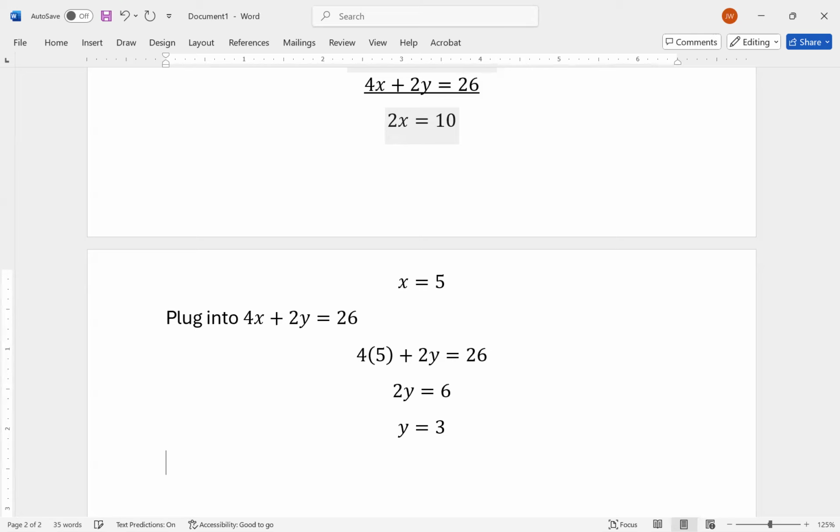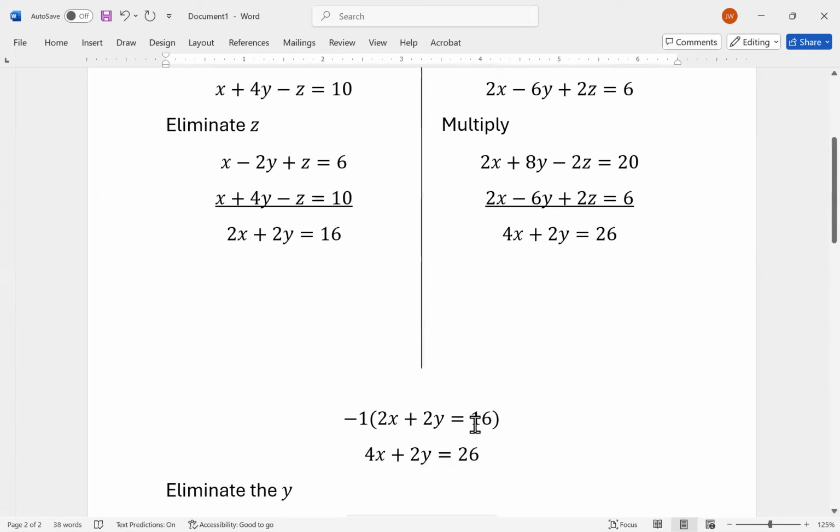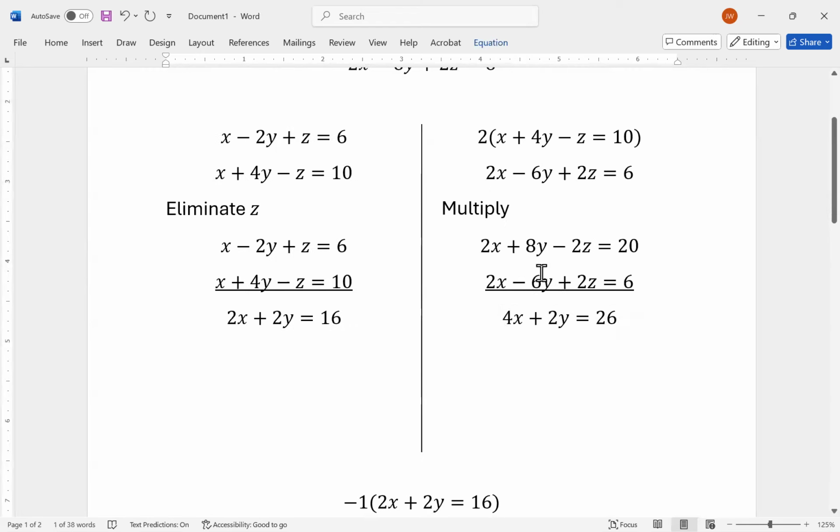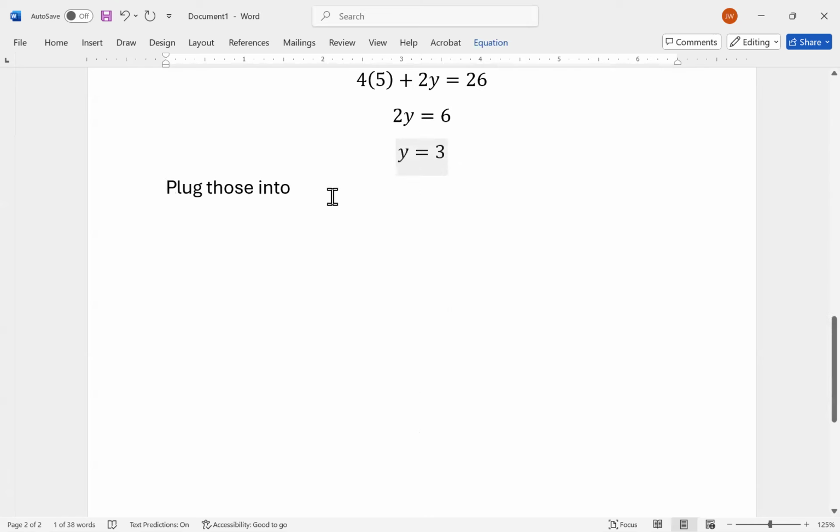And so I'm going to plug those into one of the first equations. Doesn't matter which one we use. We have an x, a y, and a z. So if I use this first equation, the second equation, or the third equation, I should get the same thing. I'll use that very first equation. So plug those into that.